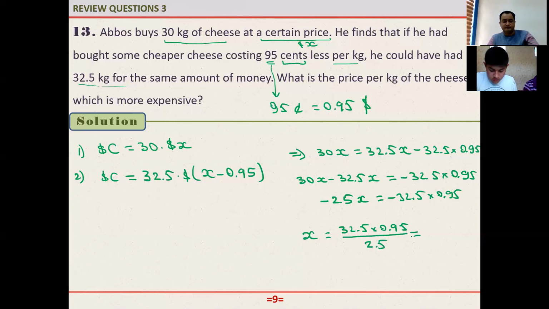What is it? That is 247 over 20. That is 12.35.